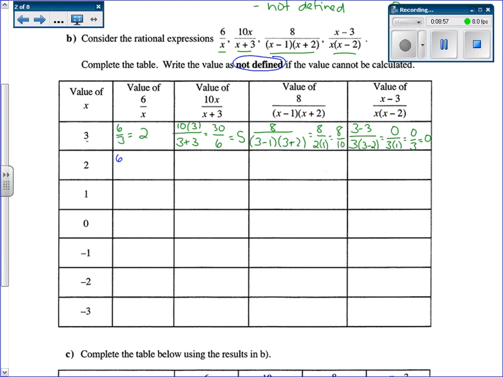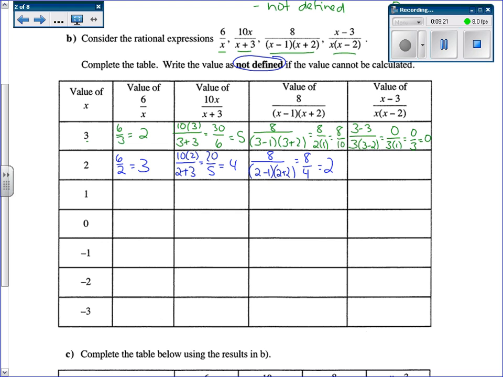So we're looking to find the not defined values here. 6 over 2 is 3. 10 times 2 divided by 2 plus 3 is 20 over 5, which is 4. 8 over 2 minus 1 times 2 plus 2 is 8 over 4, because 2 minus 1 is 1 times 2 plus 2 is 4.